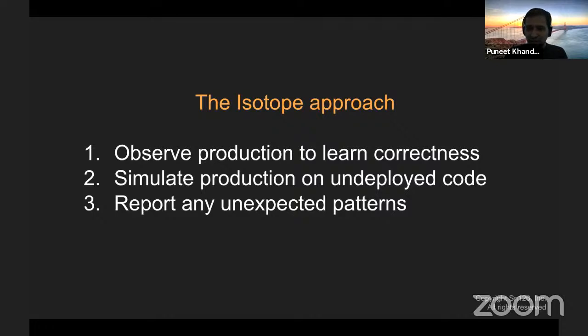We observe the behavior of a particular system in production to learn what its correct behavior is, to create some baseline expectations around when this kind of input comes in, then this kind of output is expected, and these kinds of downstream side effects are expected.